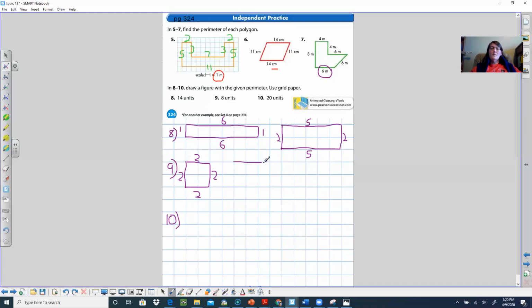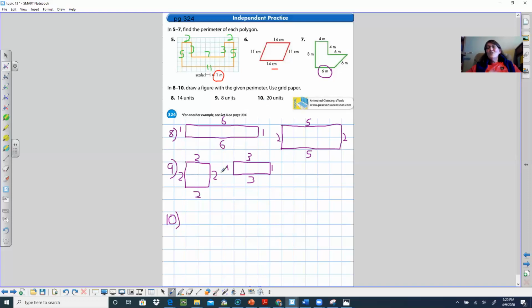So 3, there'd be 4. Oh, there's that magic halfway. 3 and 1 makes 4. So here we have 6, 7, 8. So again, we got our perimeter of 8.